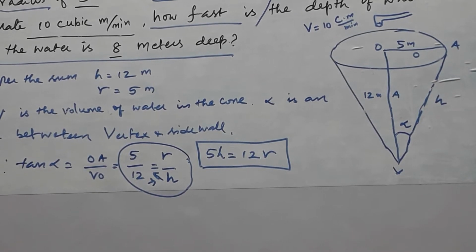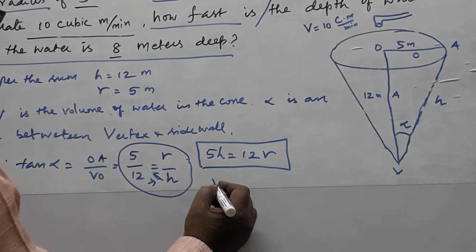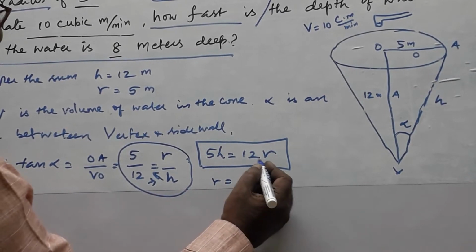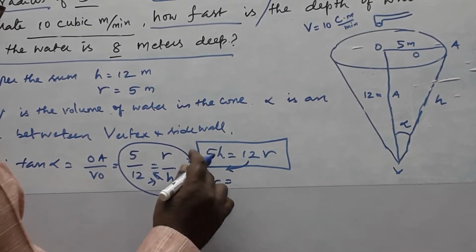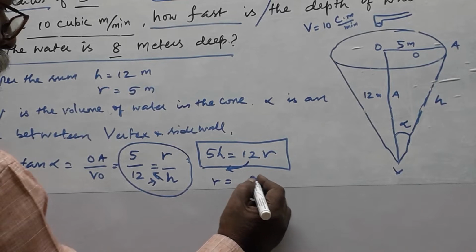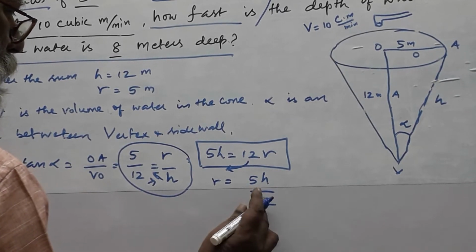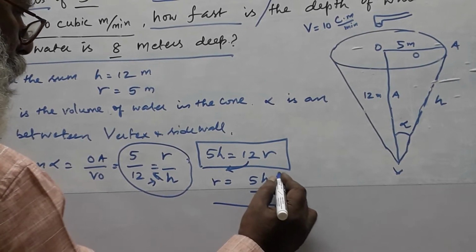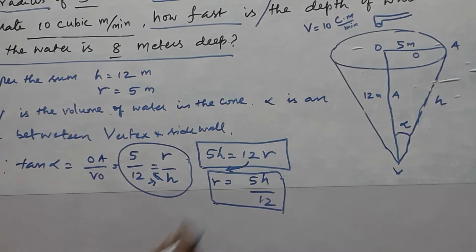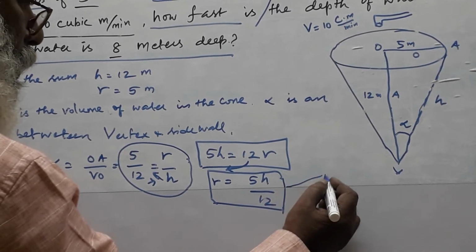Now, from this equation we can find R: bring the 12 to the other side. R equals 5H by 12. Are you clear? Okay. This is equation number 1.